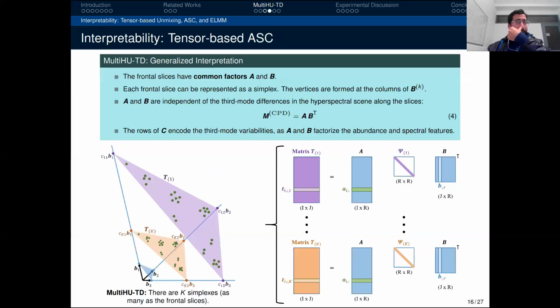So now that we are imposing the abundance sum-to-one constraint in the tensor-based case, what does that mean geometrically and graphically, and even for visualization? In this case, we know that the frontal slices have common factors A and B. So here, what we did is that we streamlined the frontal slices. So now we see each frontal slice.